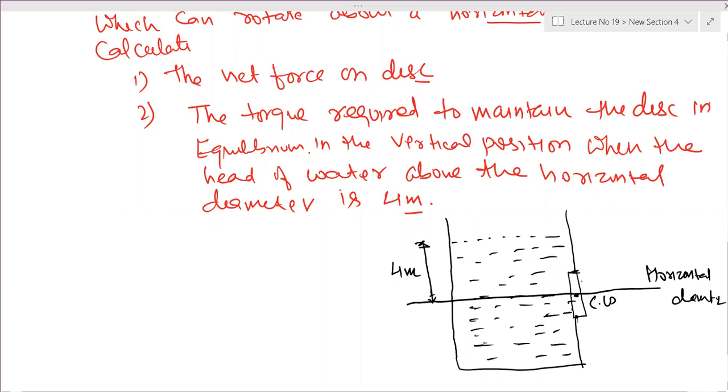So this will freely rotate about its horizontal diameter. It means it may rotate like this, like this. The horizontal diameter is not this one, that is perpendicular to this, right?